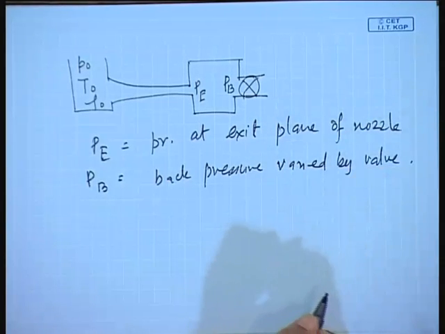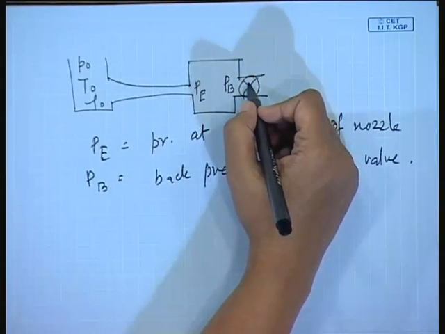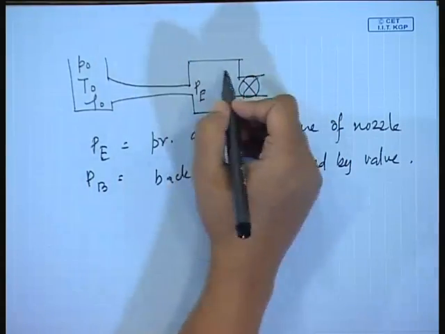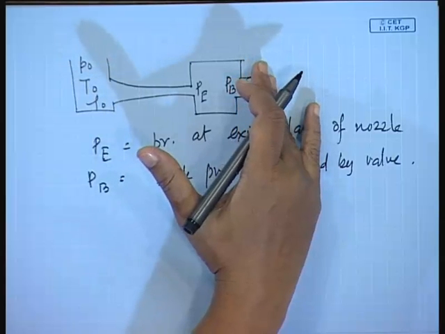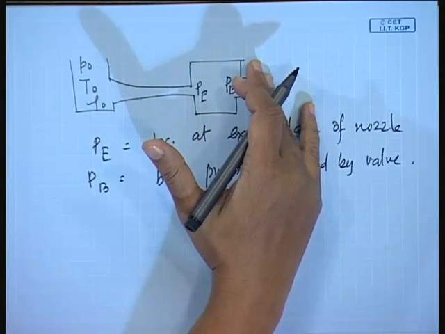Now, let us see what happens. Initially this valve is closed and the entire system is at a constant pressure, so no flow occurs under that condition.